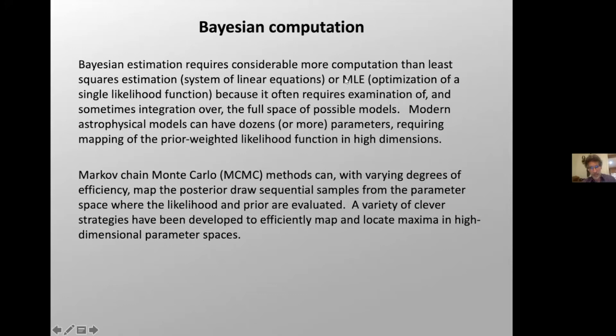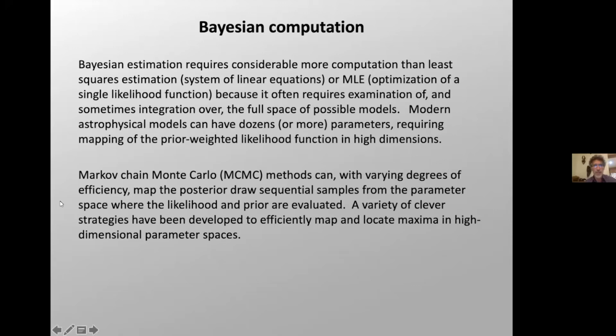And for maximum likelihood estimation, MLE, what we want to do is climb the hill and find the peak. That's an easier problem than mapping the whole posterior space. It can be quite time consuming. There just could be too many pixels, too many dimensions, too many locations to map it well.